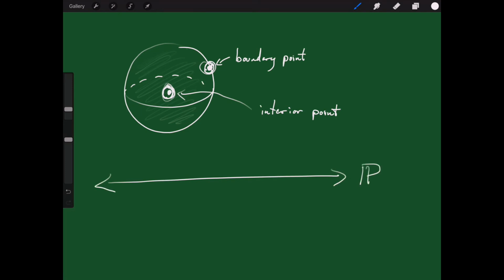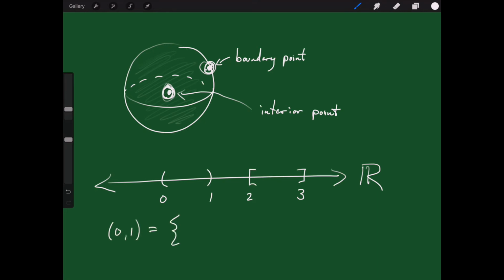In calculus we talk a lot about, let's say we have a real line, and we can talk about an open interval, let's say from 0 to 1, or a closed interval from 2 to 3.